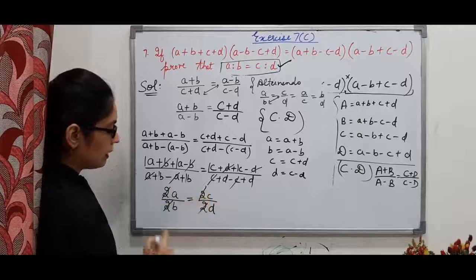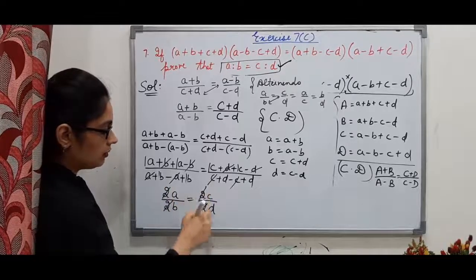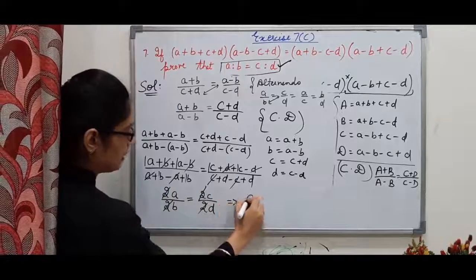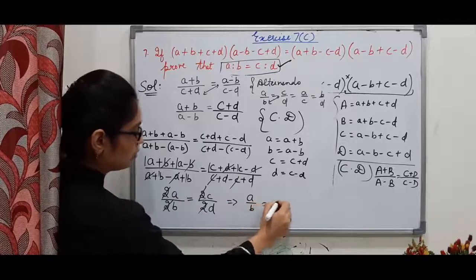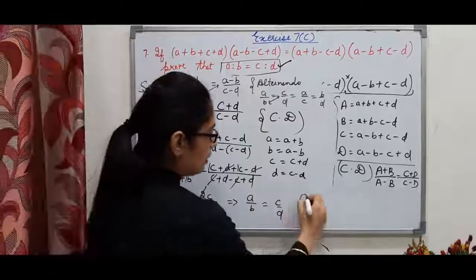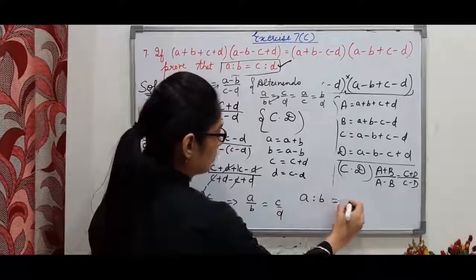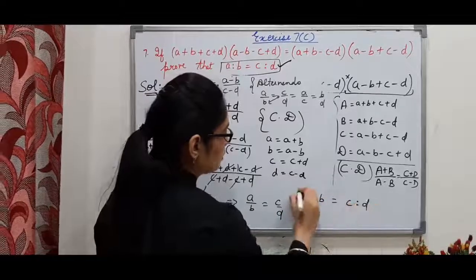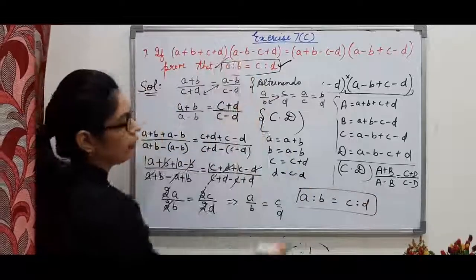All the 2's will get cancelled, this 2 will get cancelled with this, with this. So I will get a by b, it is equals to c by d. Or if I write in the ratio form, it is a is to b, it equals to c is to d. So this is what we had to prove, hence proved.